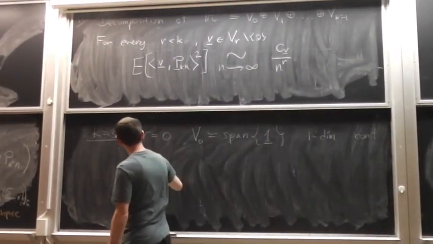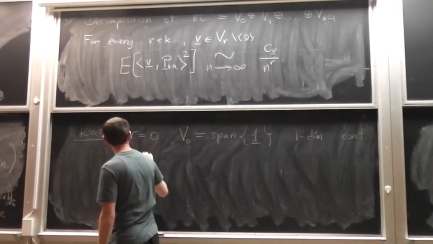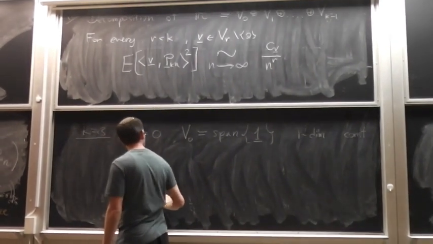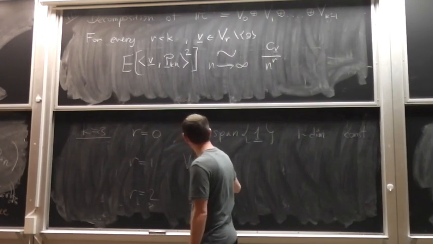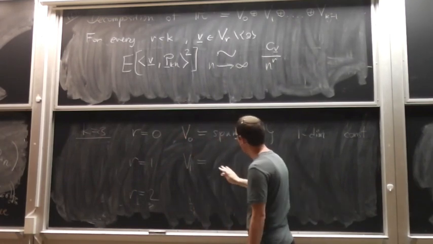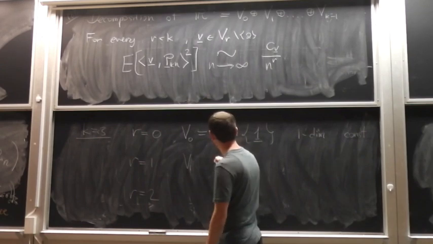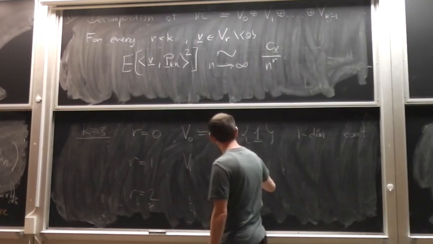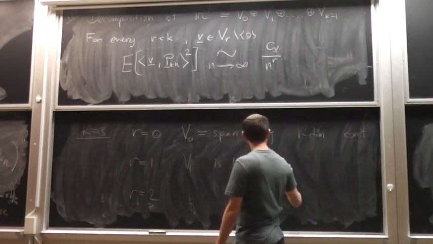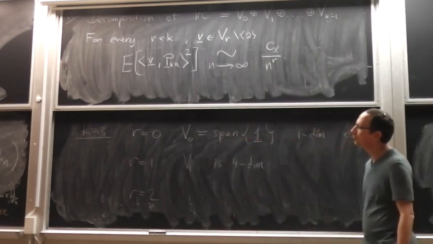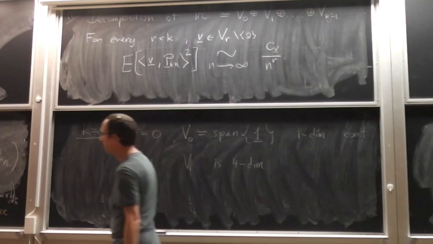If r is equal to 1, then v1 is some space, I'll not describe it, I'll say it is a 4-dimensional subspace from the previous result.